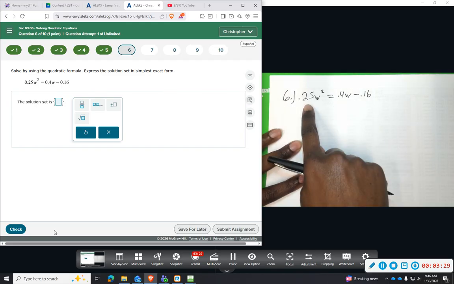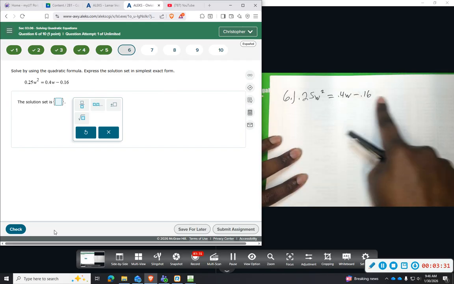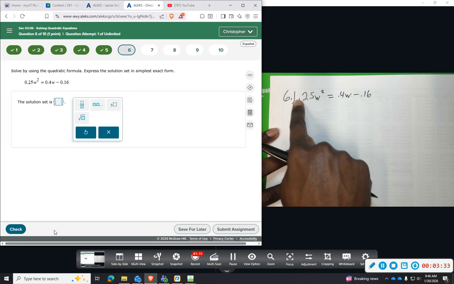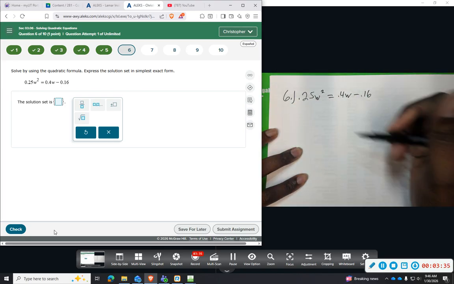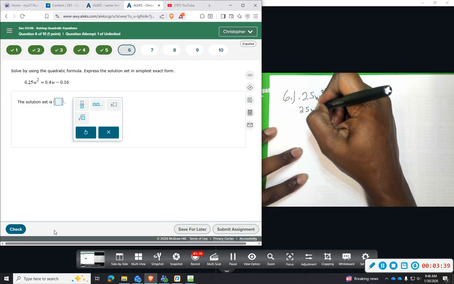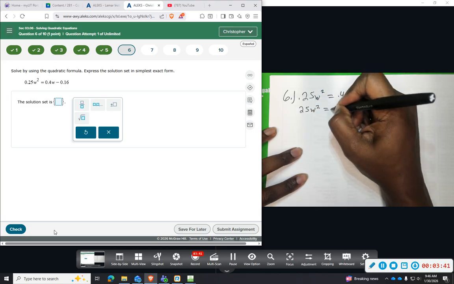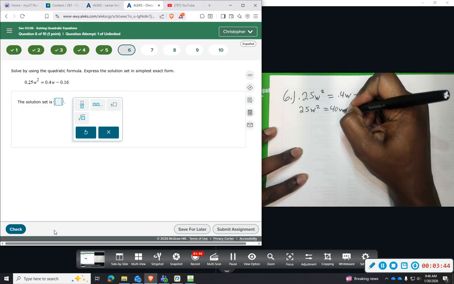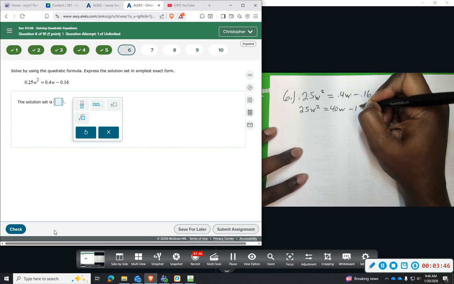So what I will do, multiply everything by 100 to get rid of the decimal. So basically move the decimal over twice for each term. So it'll be 40w, and that'll be 16.